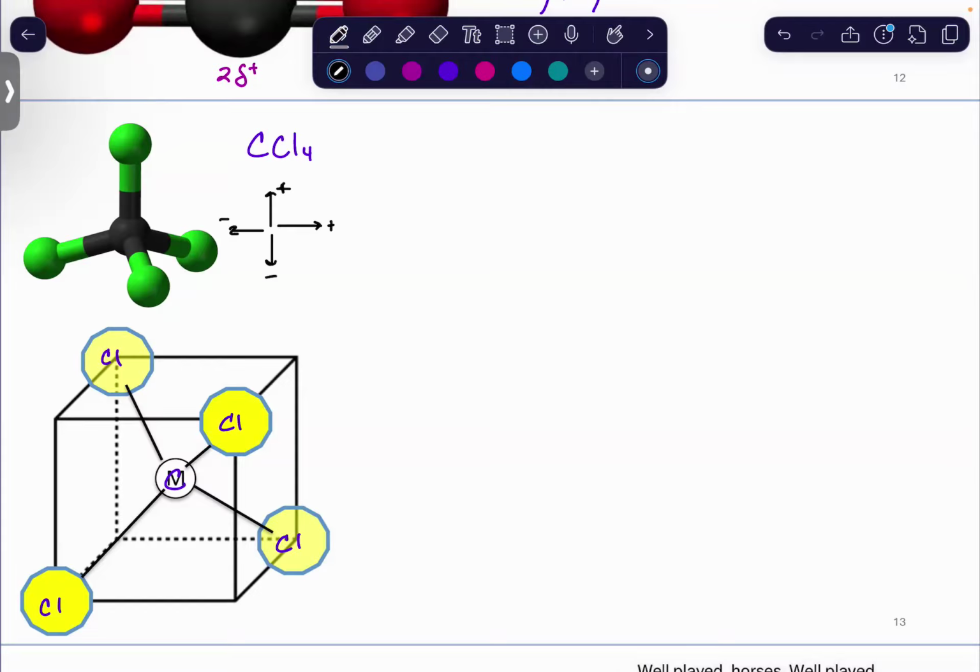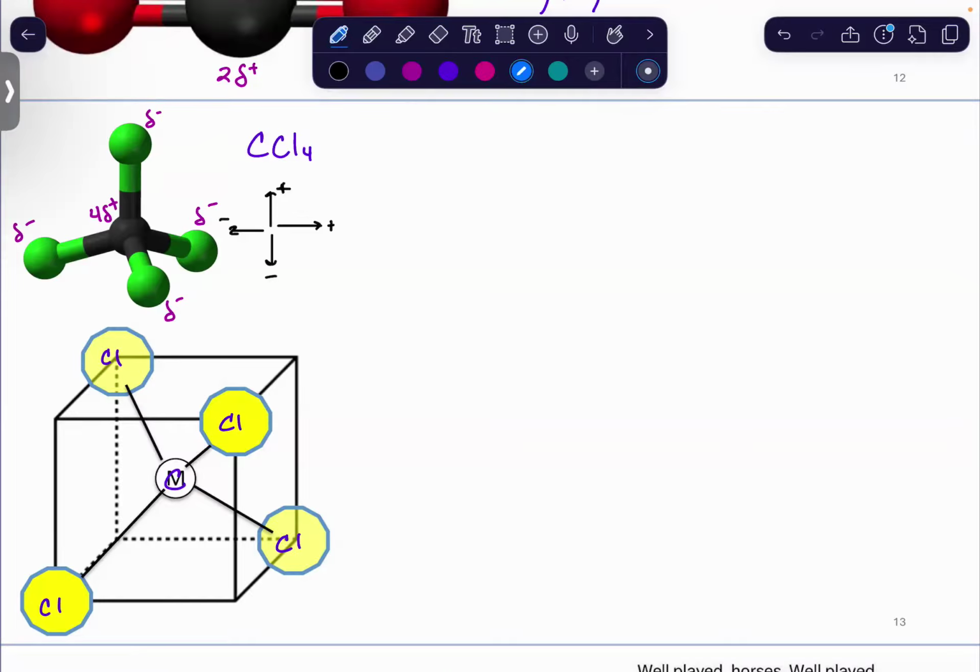Okay, now I can tell you that carbon chlorine is a polar bond. So your chlorines, of course, are going to be your delta negatives, because they're the more electronegative element. Your carbon is going to be 4 delta positive.